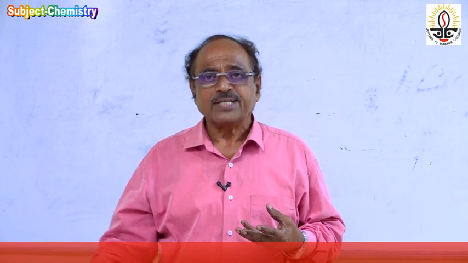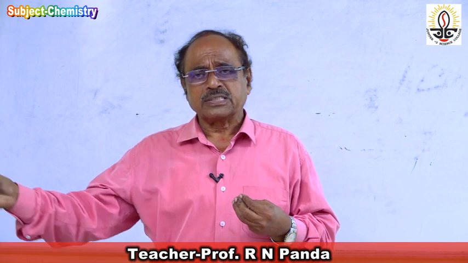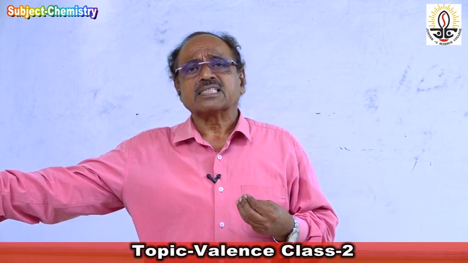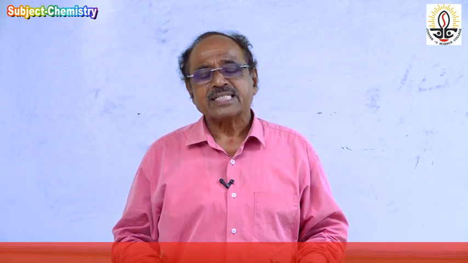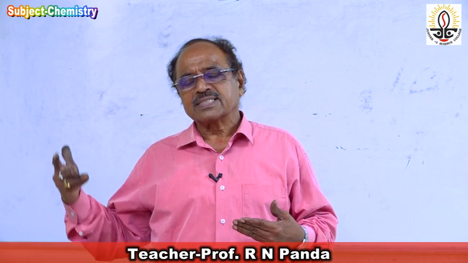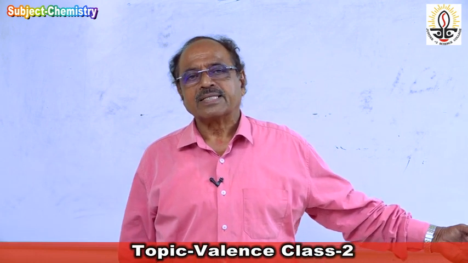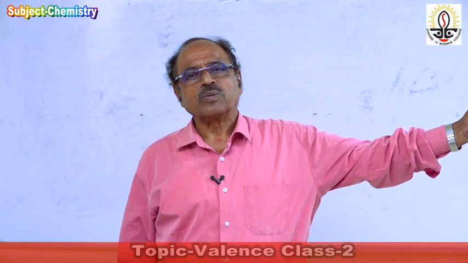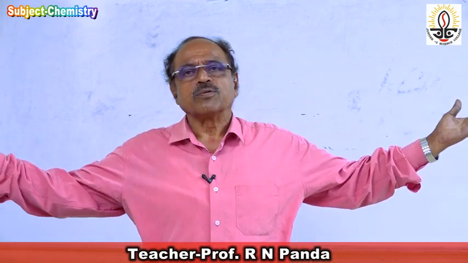So if the element combines without taking electrons, we call it an electropositive element; valency state is electropositive. If it takes electrons and combines to complete the octet, then we call it electronegative valency state, and the element is called an electronegative element. You see, if you understand the word valency, you are understanding so many words. So this is the valency I have told you.